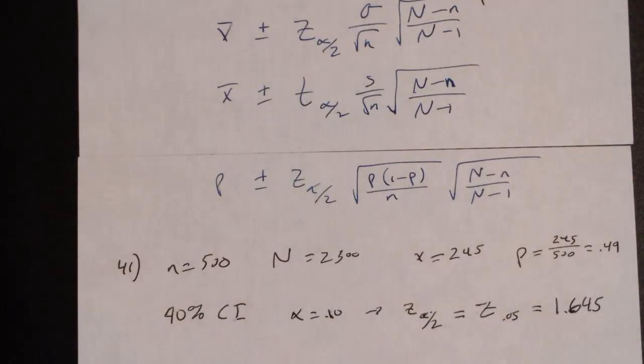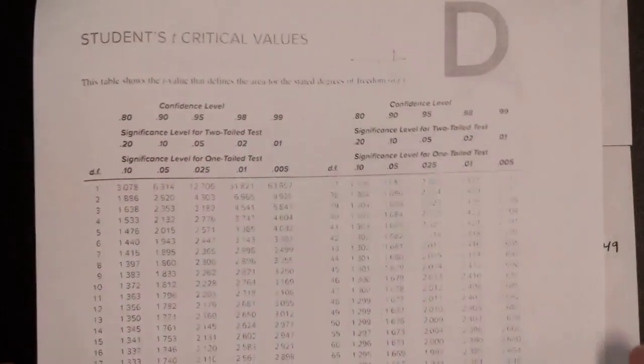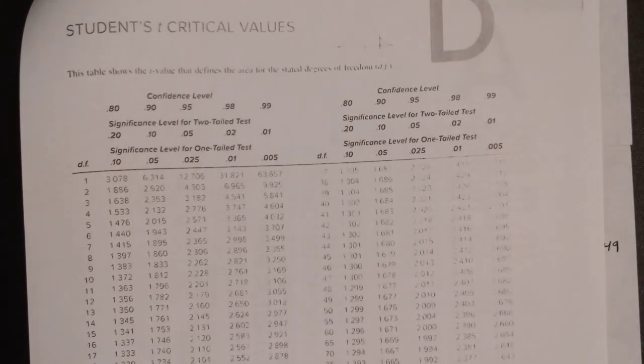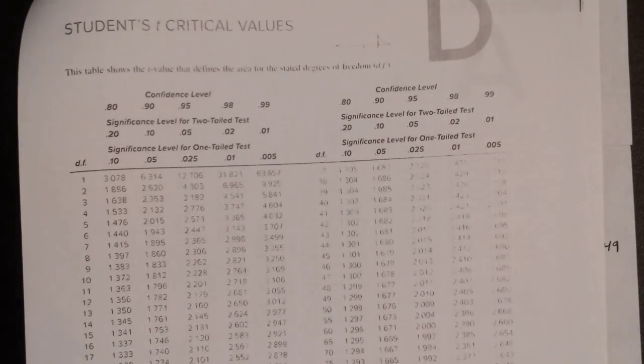But we had a T table, didn't we? In Appendix D, there was a whole other list of numbers in the T table. So pull up Appendix D for a second. I want to show you something neat in that appendix. We have confidence levels listed at the top, right? And the degrees of freedom are the first column here. And as the degrees of freedom get bigger, we get closer and closer to a normal distribution, right?